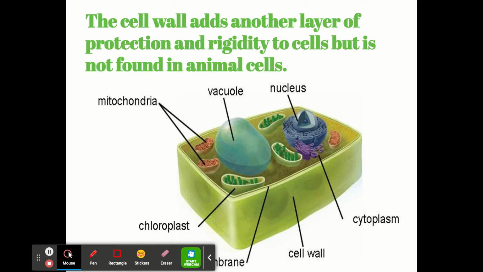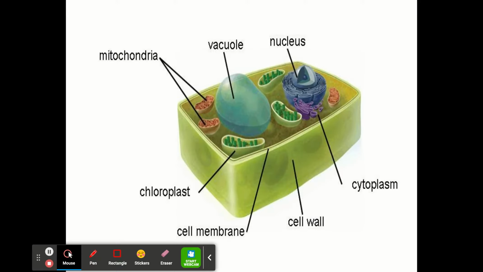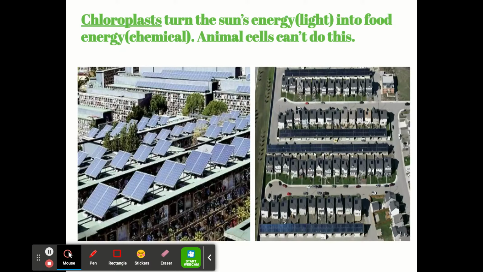Okay. And again, another layer of protection. So plant cells have those cell walls, which is the thick outer covering for strength and rigidity and protection. All right. And that is here on the outside of the cell membrane. So the entire cell is surrounded by the cell wall.